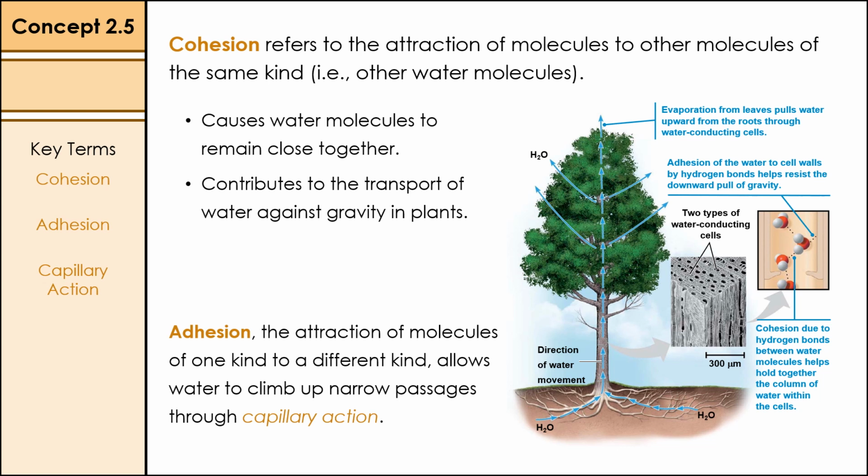This also allows us to pull water up these narrow passages and tubes because we're able to essentially climb up the walls by attaching little by little to other structures. So both of these come into play when we look at how plants are able to move molecules of water up from the roots to the highest points in their structure. There is also a little bit of osmosis at play, but we will save that for Unit 2. Don't worry about osmosis.